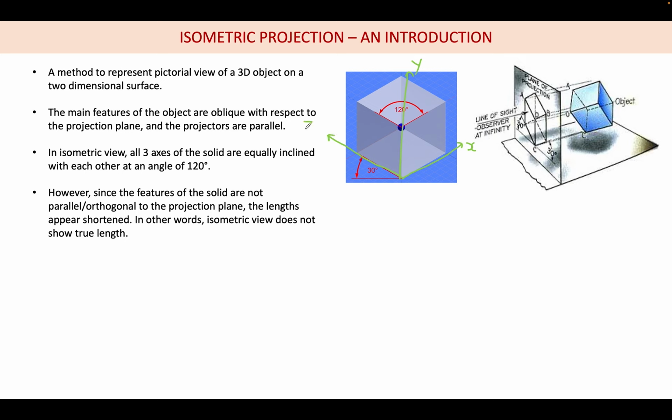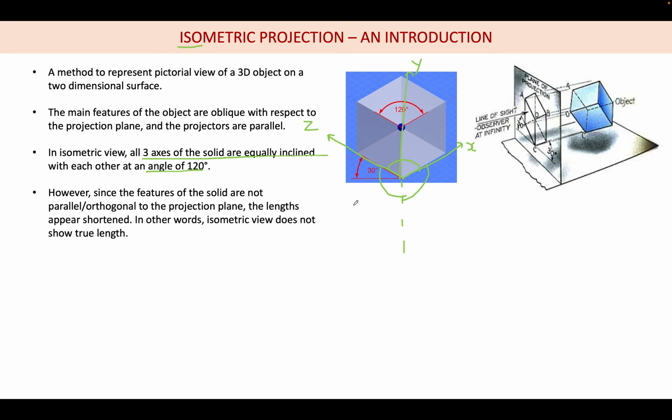If you extend the lines, you can see that this angle will be 120, this angle also 120, and this angle also 120. Since in the isometric view all three axes are equally inclined, it is called isometric. Iso means equal, so that is the meaning of iso. In isometric projection all three axes are equally inclined to each other.